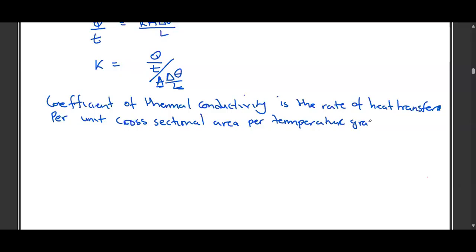Now, students normally make a mistake and say surface area. It's supposed to be per unit cross-sectional area. It is the rate of heat transfer per unit cross-sectional area per unit temperature gradient. That is a simple definition of thermoconductivity or coefficient of thermoconductivity.